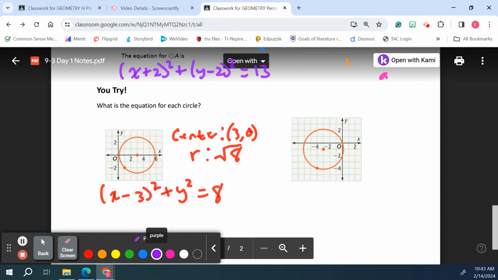All right. For the second one, we have the center as -3, -1. Let me just get a different color for that one. There you go.